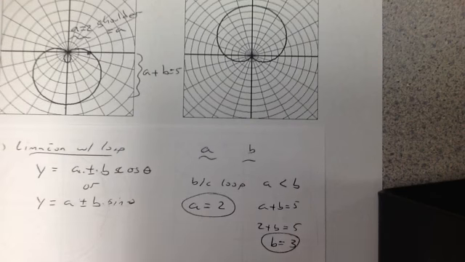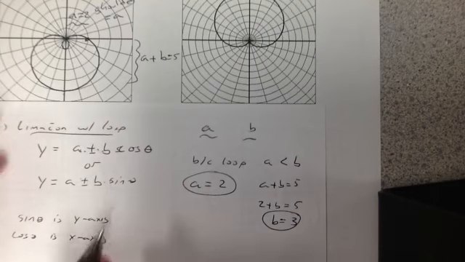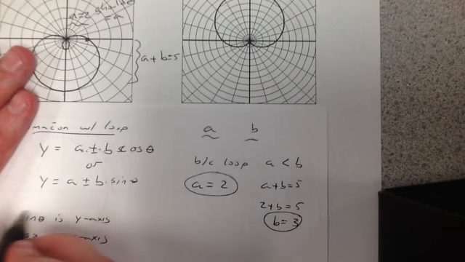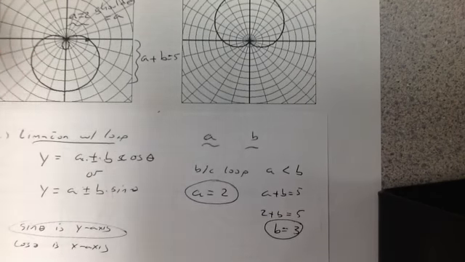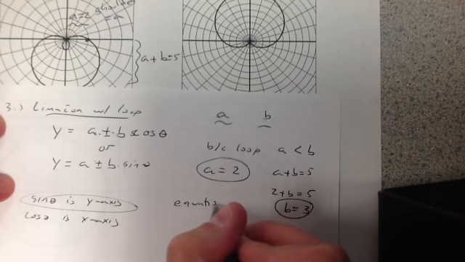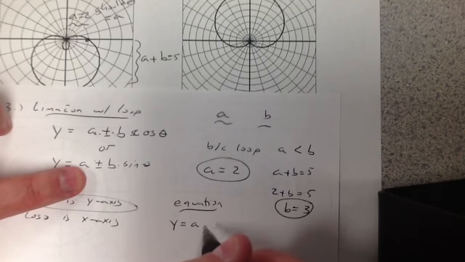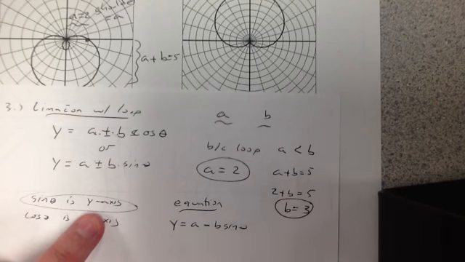Now all we have to do is determine what type it is, sine or cosine. Sine of theta is on the y-axis. Cosine of theta is on the x-axis. Since we're centered on the y-axis, this is going to be our sine curve. It's opening down, so it's going to be negative. So our equation will be our sine one, r equals a minus b sine theta, and because it's opening down, it's minus.